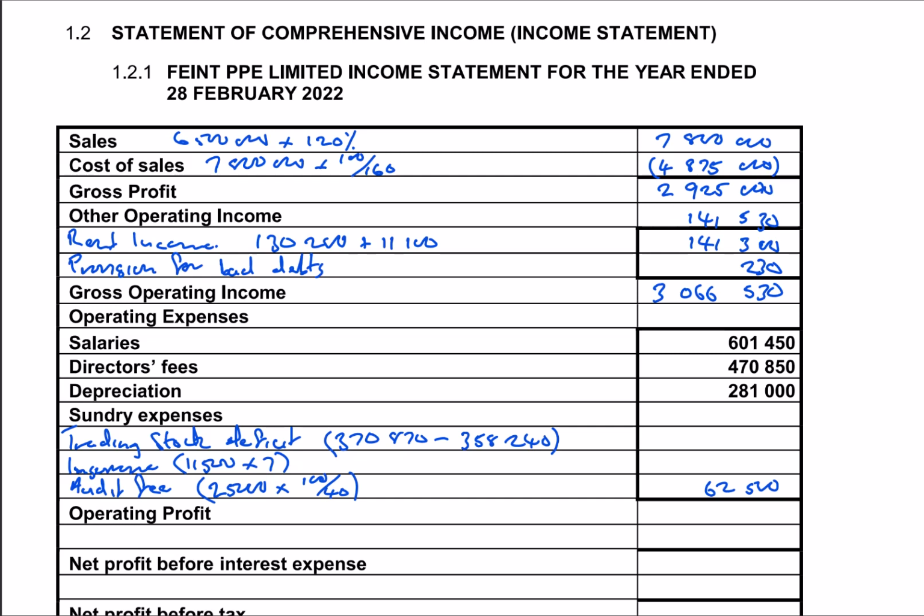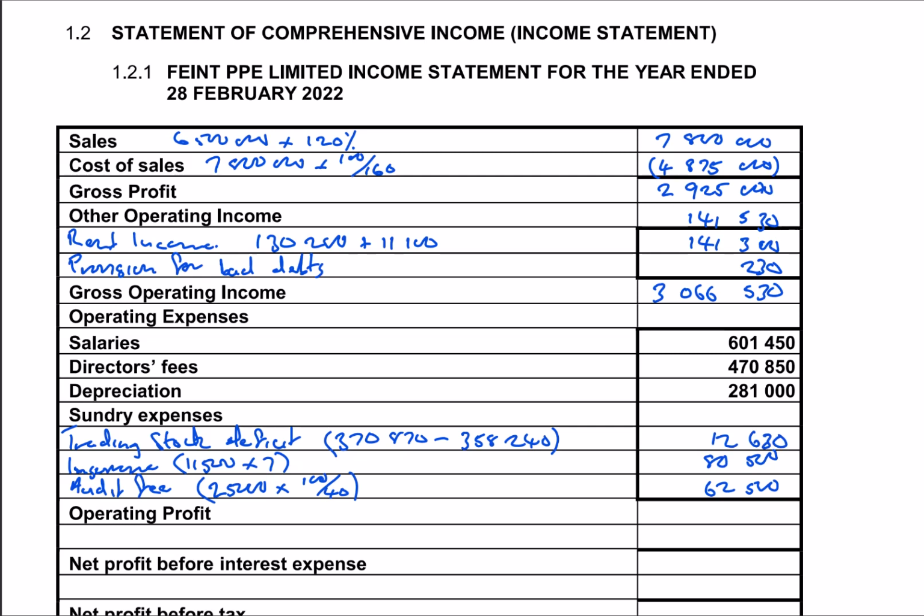11,500 times 7, that's 80,500. Then 370,870 minus 358,240, that's 12,630.